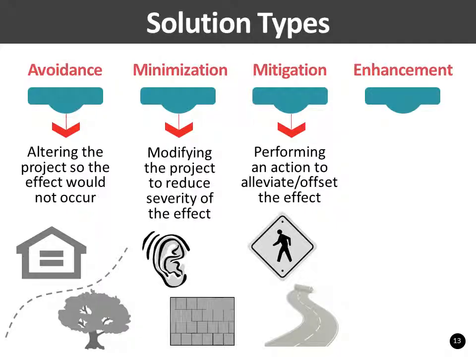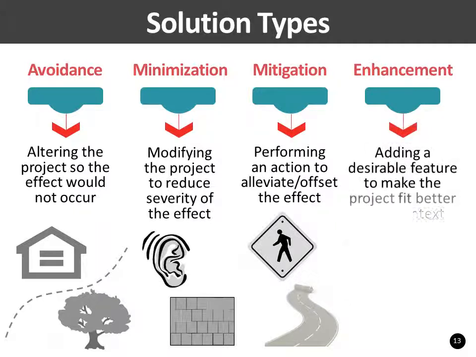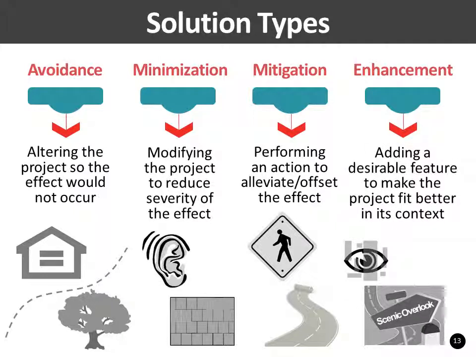Enhancement is the last solution type in the hierarchy. Enhancement involves adding a desirable feature to make the project a better fit within its context. When a negative project effect cannot be avoided, minimized, or mitigated, project enhancements should be considered.